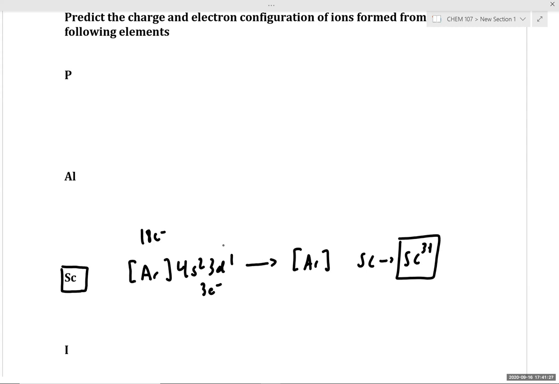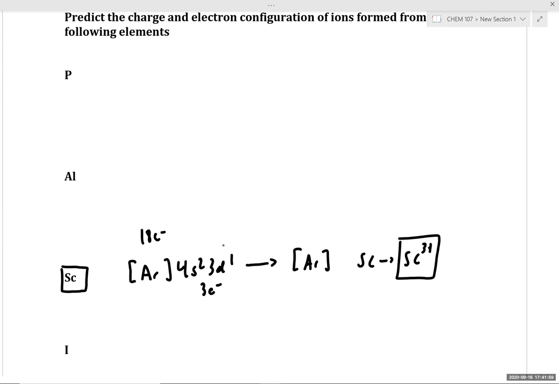We'll actually talk about that in the next chapter, how to handle transition metals and how to describe transition metals so that the reader knows the charge of that transition metal. So long story short, for transition metals, you can either lose all of your 4s or 3d electrons, but transition metals can form a range of ions. Okay, got it. Thank you.